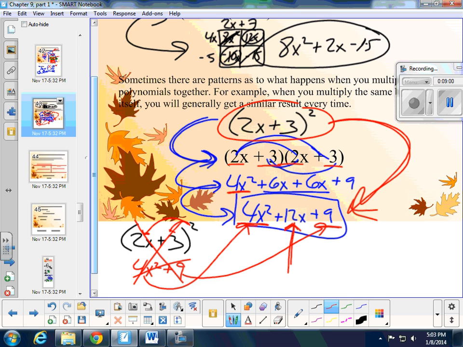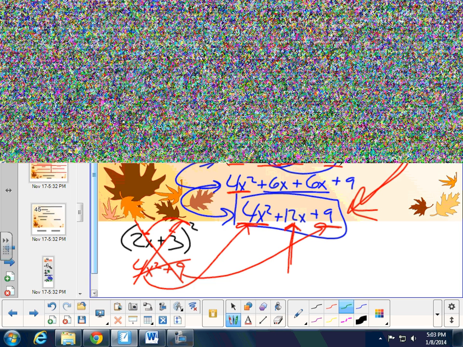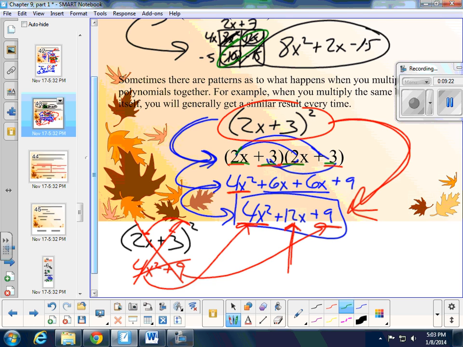After a little bit of thinking, we'll realize that, well, because this is a binomial squared, what's always going to happen, if you have to square some binomial, you're going to have the same number here and here, for your first and your last terms. Well, then the outsides and insides of FOIL, or sometimes it'll be the top right and the bottom left box in your table method, whatever you get will be the same, 6x and 6x.